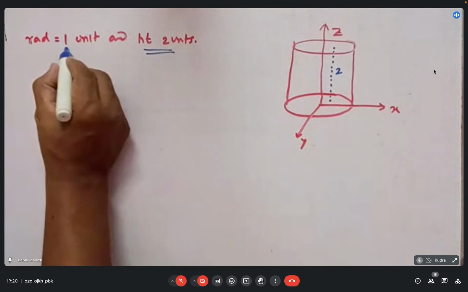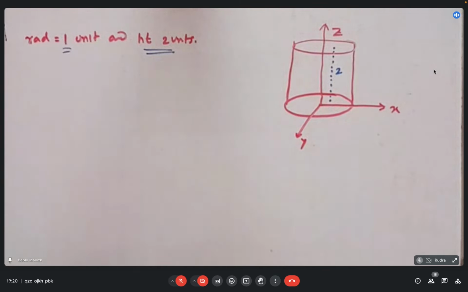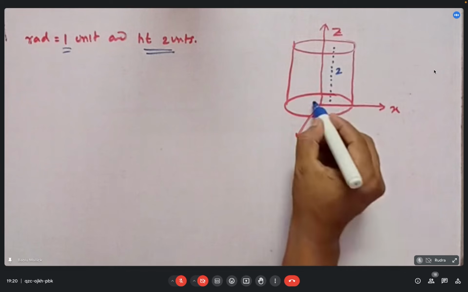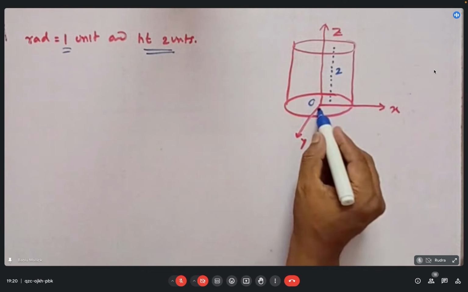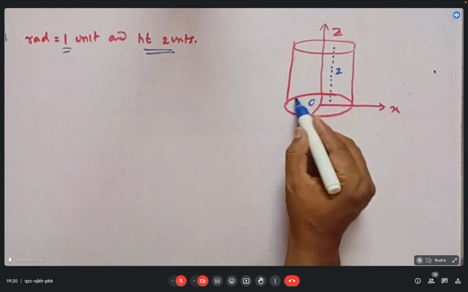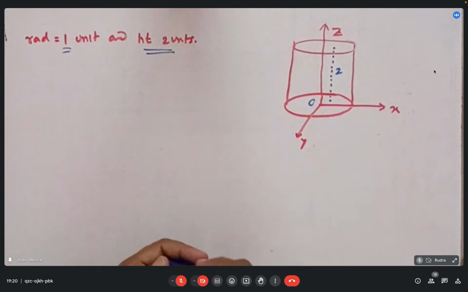Here radius is 1, meaning we shall consider a circle whose radius is 1 unit, and we shall take this as the origin. So this is the equation of a circle of unit radius.